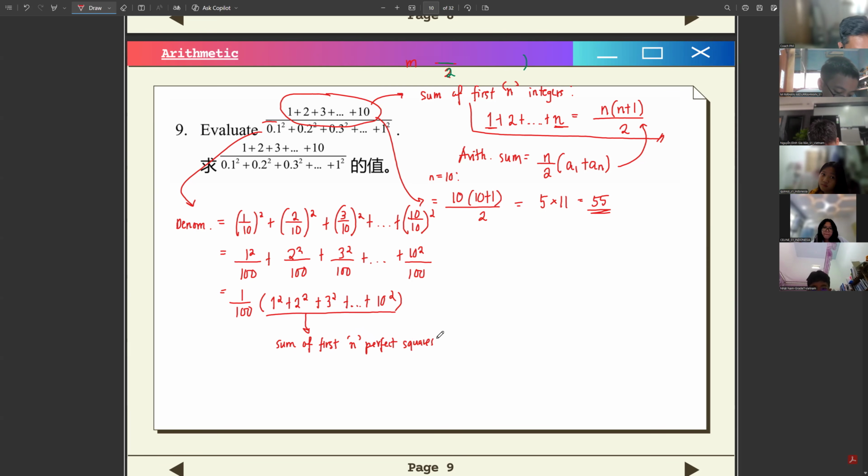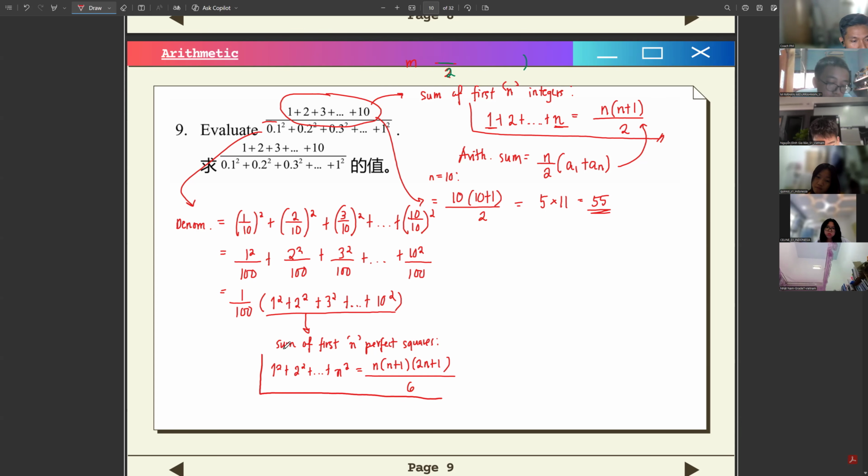If we have 1 squared plus 2 squared up to some arbitrary number n squared, the formula is just n times n plus 1 times 2n plus 1, all over 6. This is another useful formula that you will use a lot in Math Olympiad.